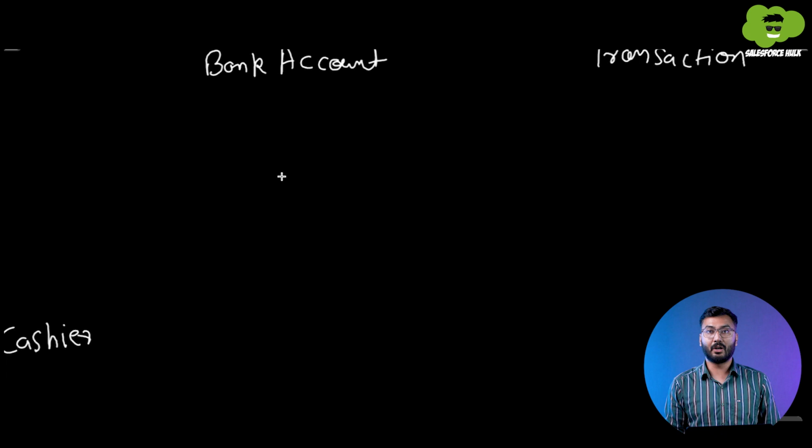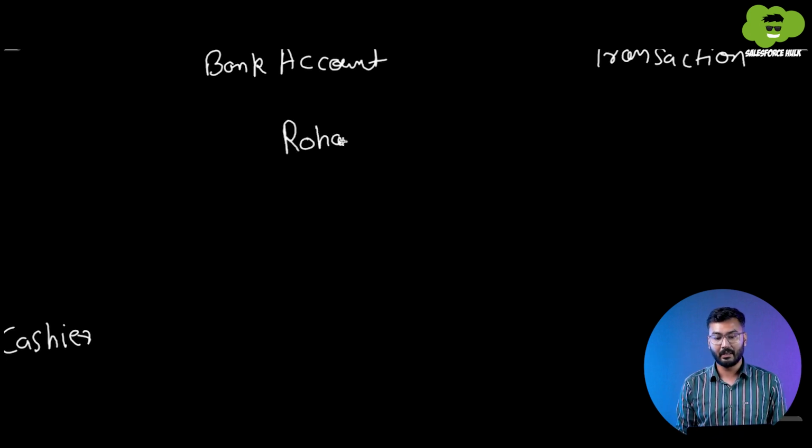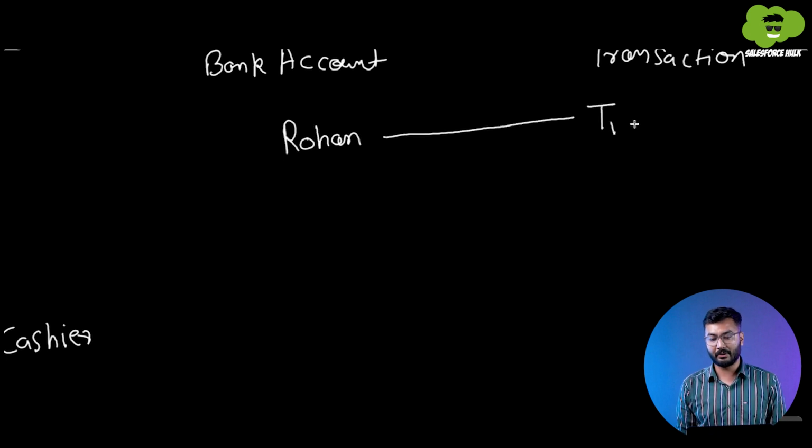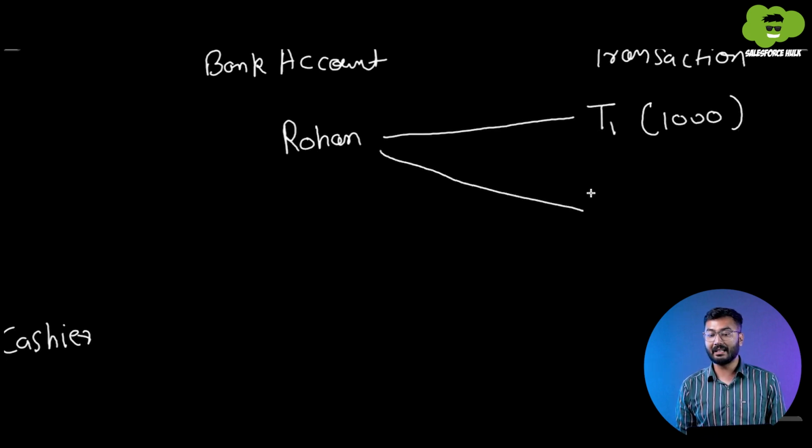So bank account will be holding the information of account holders, and transaction will be holding the information of transactions. Let's suppose there is a user named Rohan, and Rohan is doing some transaction. So I'm saying that T1 is a transaction and it is of amount 1000. Then Rohan can have multiple transactions, so it is of 2000.